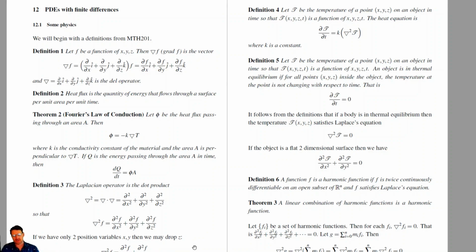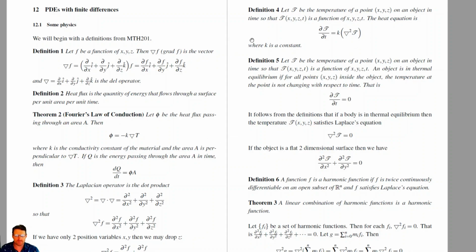So the heat equation says that the rate of change of the temperature with respect to time is proportional to the Laplacian of T. So in other words, equal to k times nabla squared of T, just as we see here, where k is a constant.